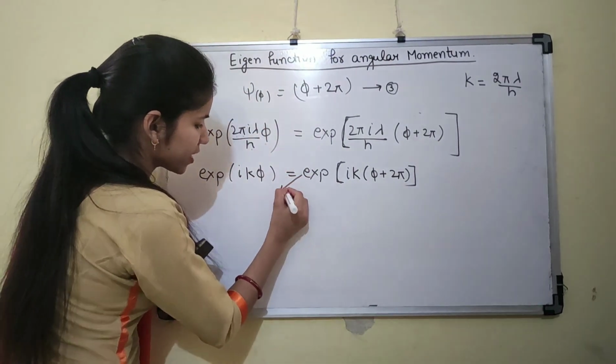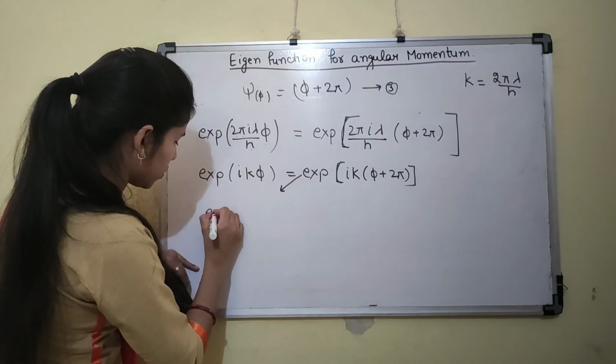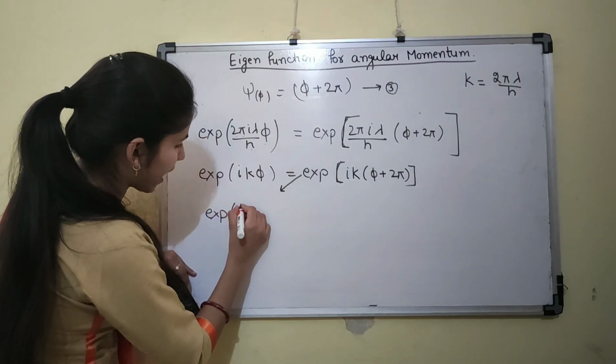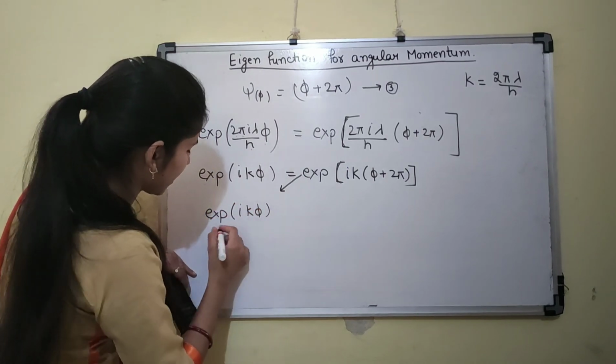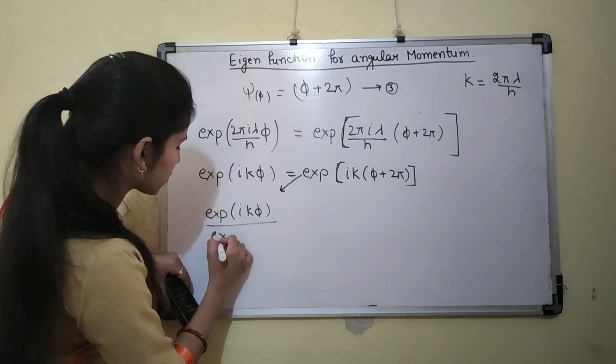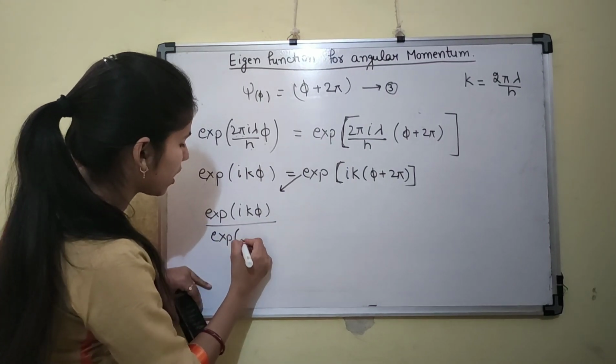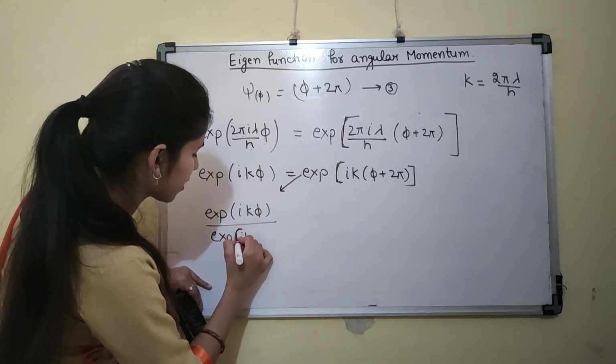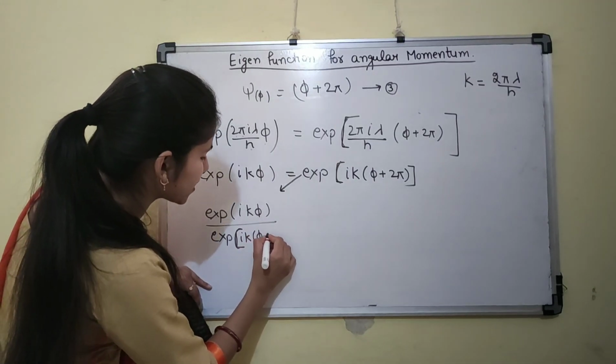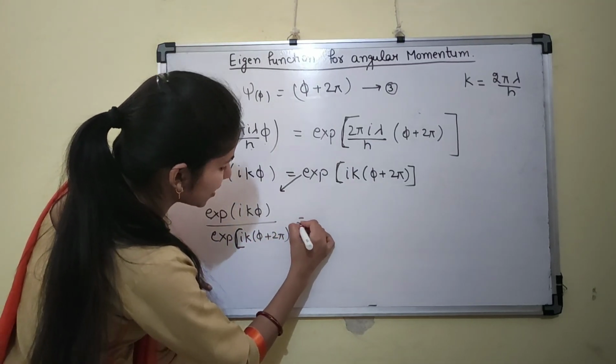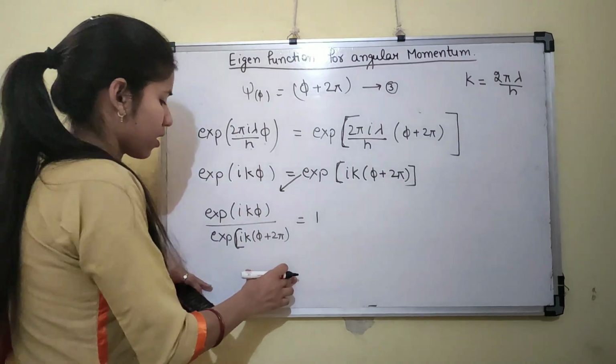And this is going here. So exponential iota k phi divided by exponential iota k phi plus 2 pi, and it is equal to 1.